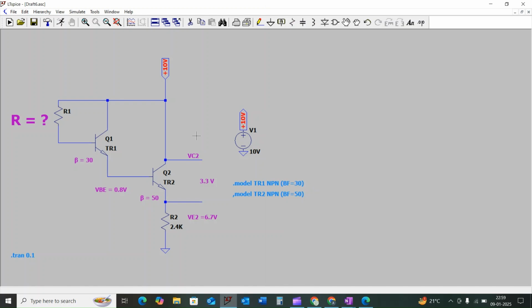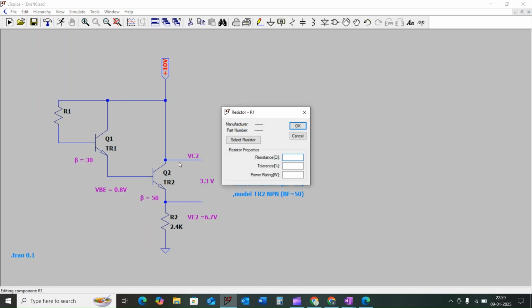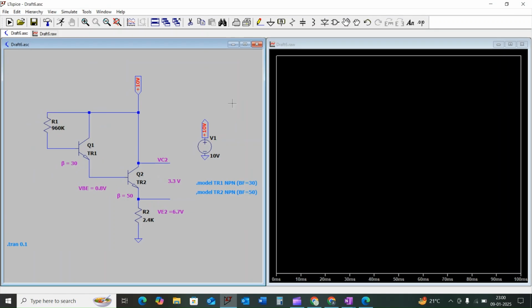Let us verify this in the circuit. I am going to change the base resistance of the transistor Q1 to 960 kilo ohm. Let us verify one by one.